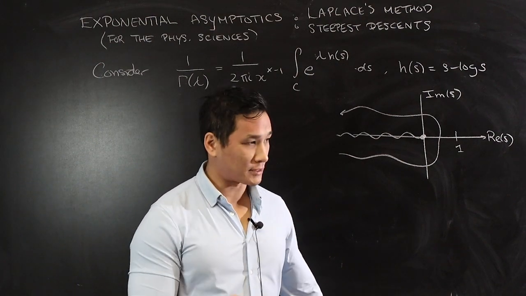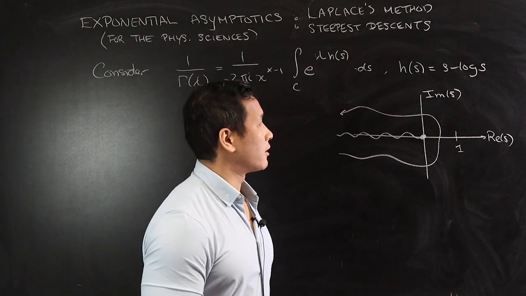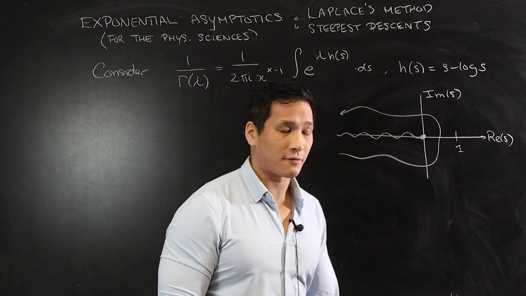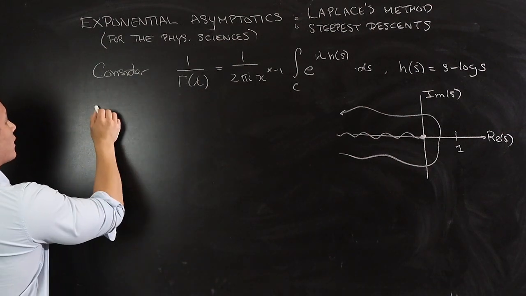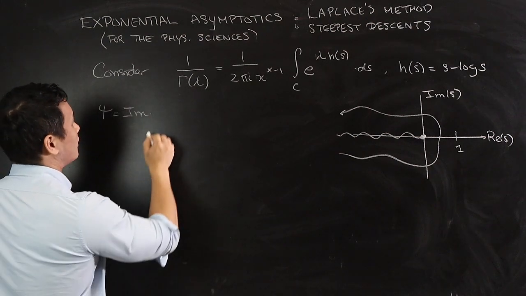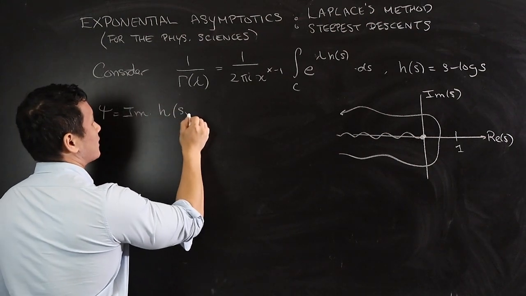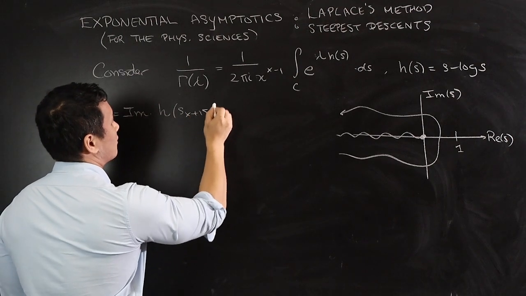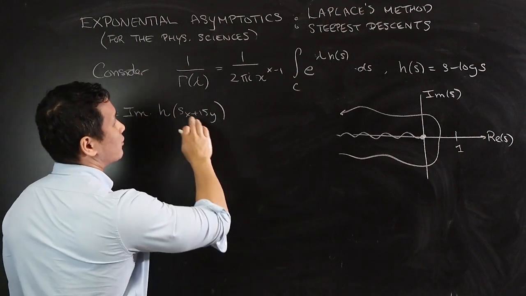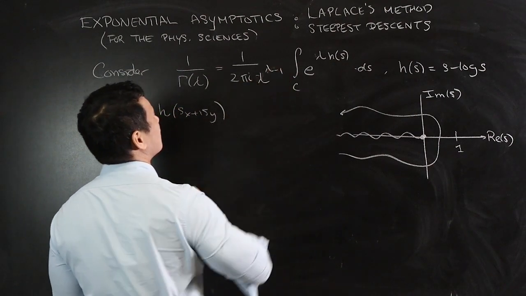Okay, so to develop the contours of this function, by the way, you can just go to any graphics program. You can do it in MATLAB or Mathematica or Python, and you're essentially just looking at the contours of the real and imaginary parts of that function. Right? So remember that psi is given by the imaginary part of h of s, and so you might think of h of x plus i y. Sorry, this is a lambda minus 1.